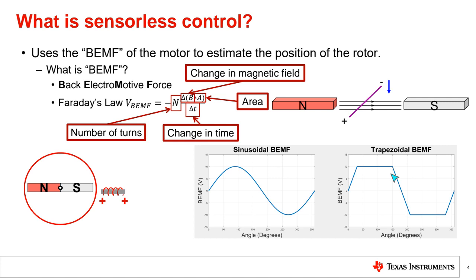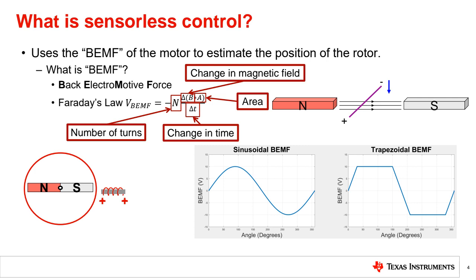If you see a trapezoidal back EMF, on the right side of your screen, this is a brushless DC motor. The permanent magnet synchronous machine generates a sinusoidal back EMF. We have two types of AC motor with permanent magnet. This is critical, please listen carefully.